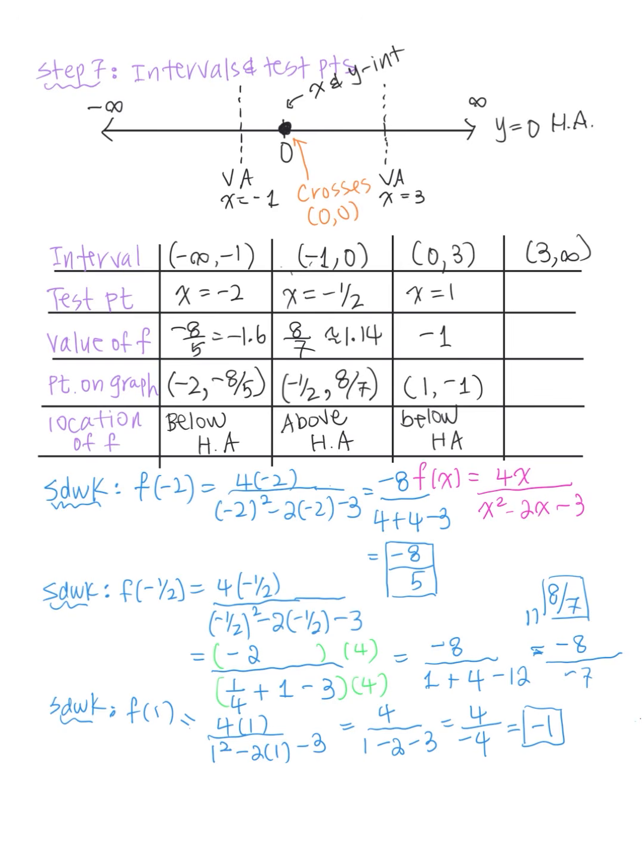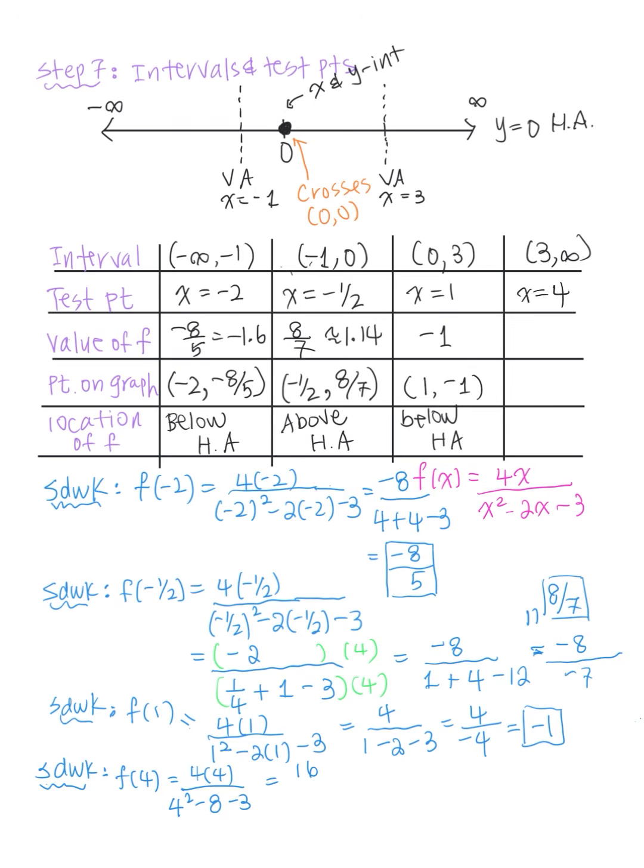Now let's go with the last interval, 3 to infinity. Let's go x equals 4. Another side work: we have f of 4, which is 4 times 4, whole thing divided by 4 squared minus 2 times 4, which is 8, and then minus 3.